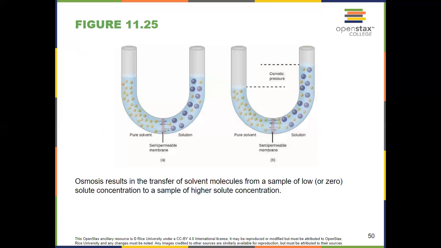This is what that looks like. Pure solvent on one side, solution on the other. The solvent particles move through, not the solute. But what we're interested in doing with our colligative properties is measuring how much of the solvent moves through, something that's known as osmotic pressure. Notice the difference in the water levels here. They started the same, but when we establish equilibrium through that membrane, now they're different water levels.